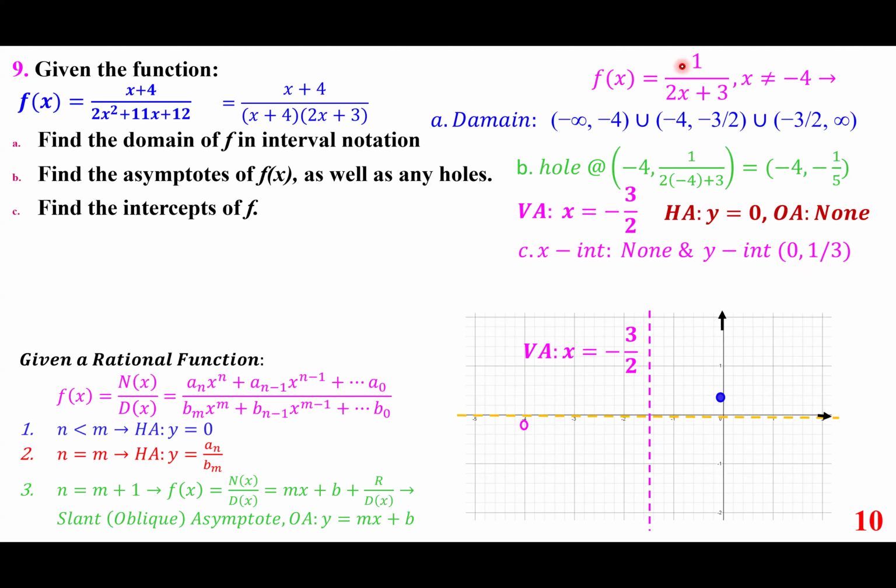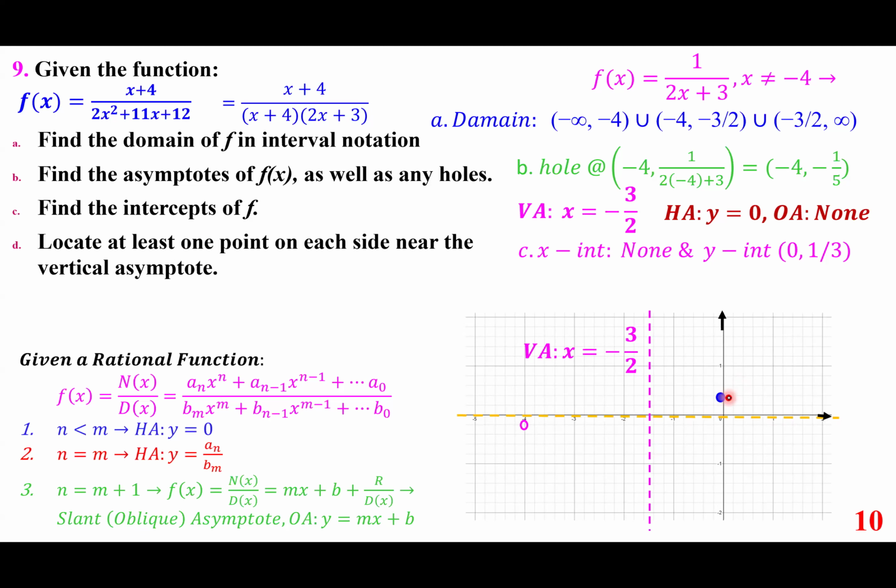So we plot this one. Roughly, it may not be exact. This is your y-axis. This is your x-axis. So roughly 0, 1/3 is here. Locate at least 1 point on each side near the vertical asymptote. So what happens, class, when you have a vertical asymptote, it cuts it into subintervals.